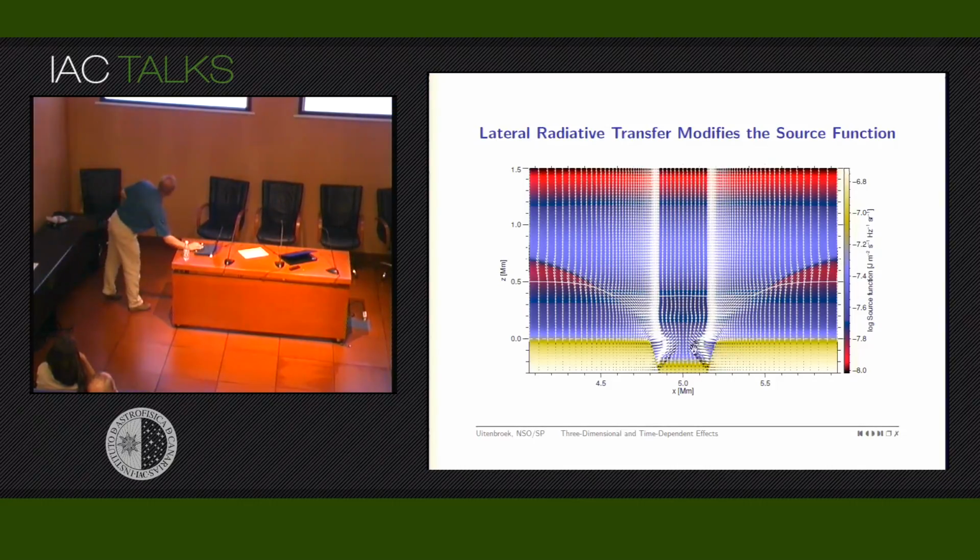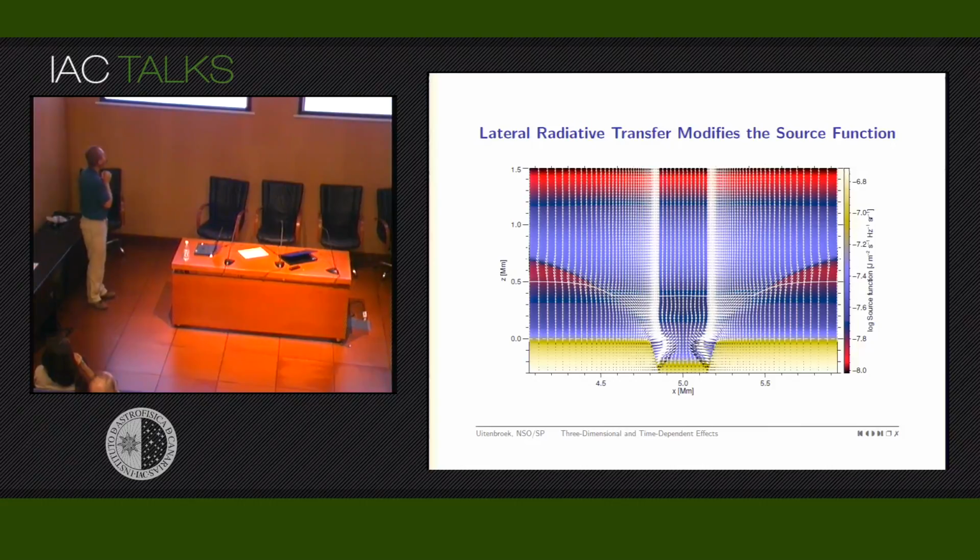You can clearly see that there is a lot of influx of radiation here that travels all the way to these regions. And because the source function of the 8542 line now depends on the radiation field, this irradiation contributes to the level of the source function. And when the source function is higher, the emergent intensity will be higher.